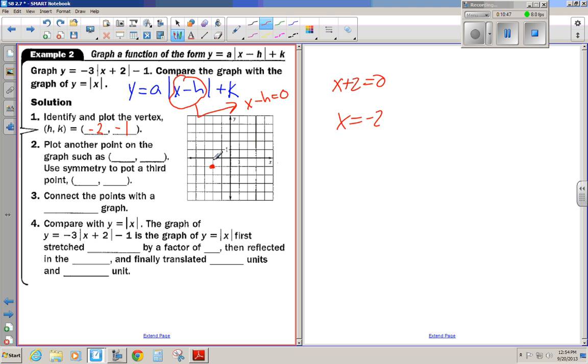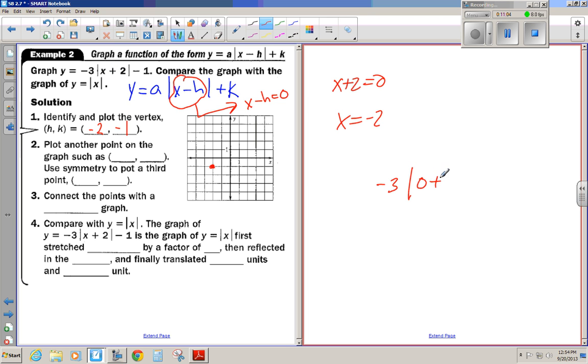That's our new vertex. Plot another point. Throw in a 0, if you will. Let's see here. Put a 0 in here. Negative 3 times 0 plus 2, minus 1. Negative 3 times 2, minus 1, that's negative 6, that's negative 7.